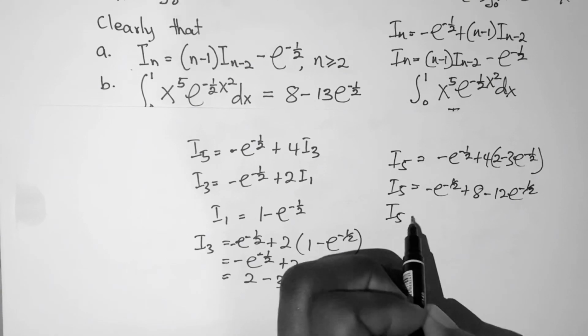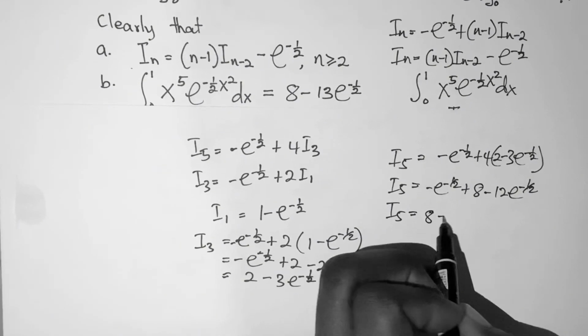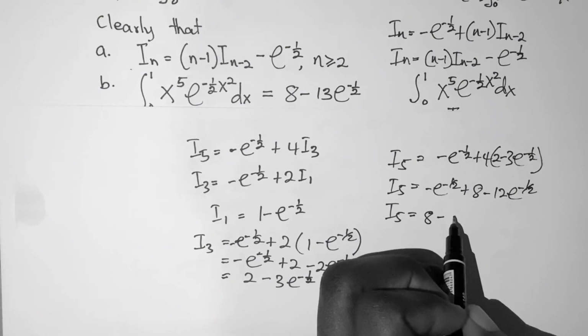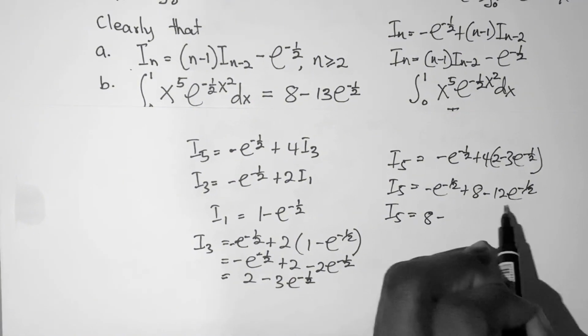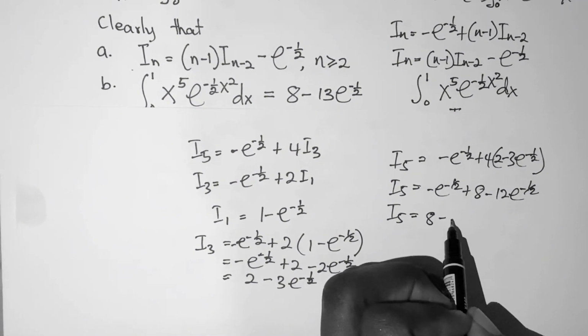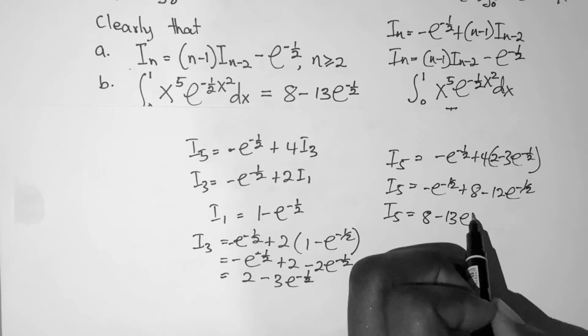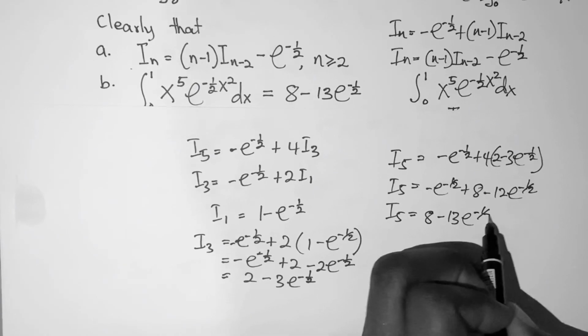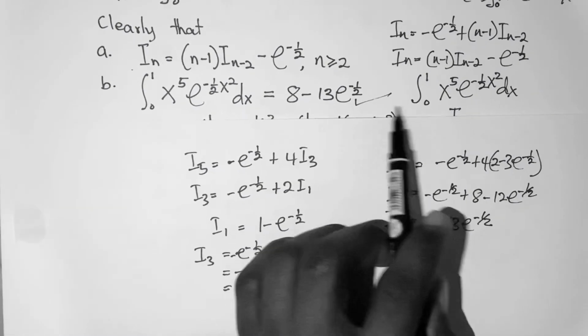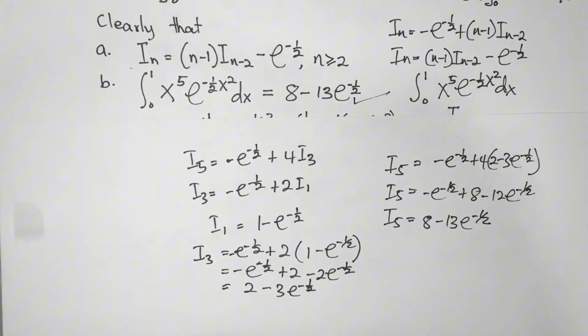So I5 is equal to 8 minus exponent minus 1 over 2 minus 12 exponent minus 1 over 2 becomes minus 13 exponent minus 1 over 2. And that is exactly what we're supposed to prove here.